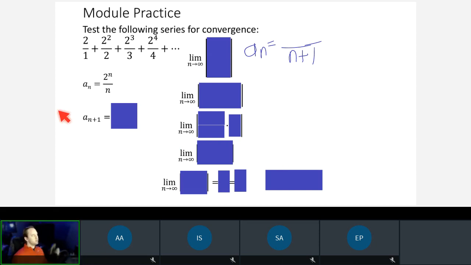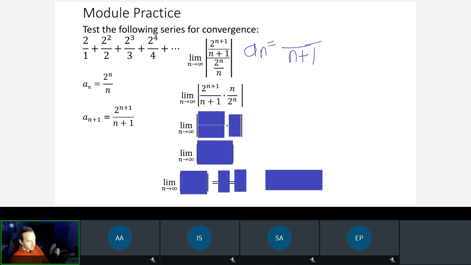Okay, so we now have a sub n is that. So a sub n plus 1 is this. We set it up, flip and multiply. All right, now the fun stuff. What does this numerator become?